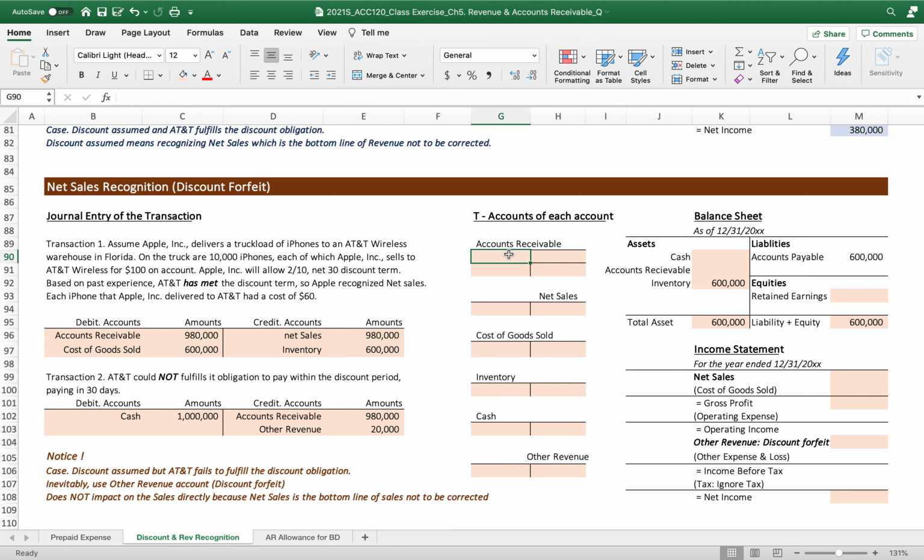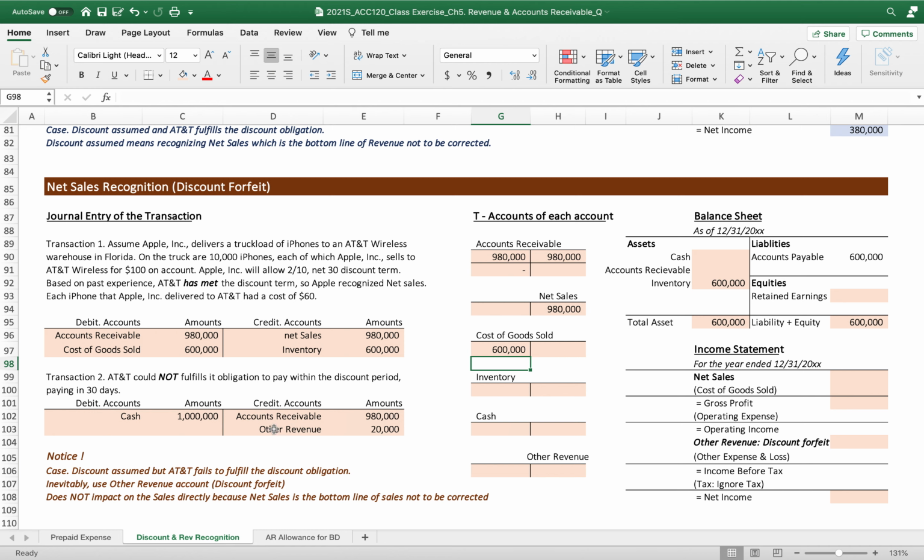Okay, so we just post all this: the accounts receivable, then net sales, starting point 980, and then cost of goods sold. On the journal entry and the T account, there's no negative amount because we can use the other side, the credit or debit.